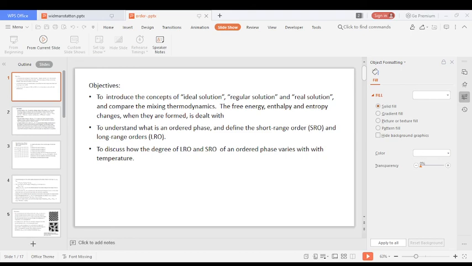Above absolute 0 degrees, thermal vibrations will disrupt the order. So, as the temperature increases, there is a greater tendency for the long range order to be disrupted.